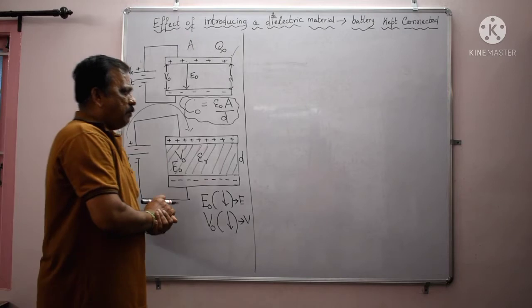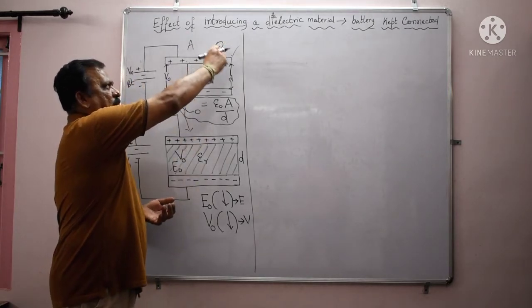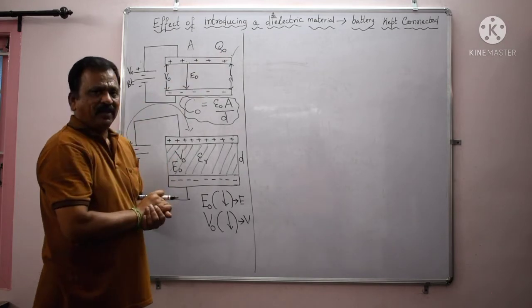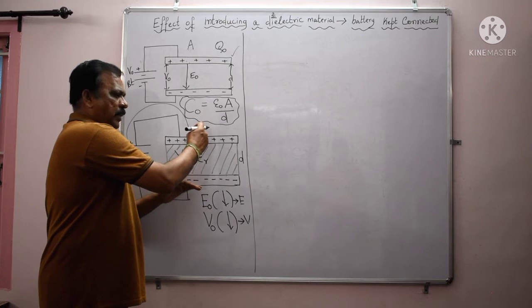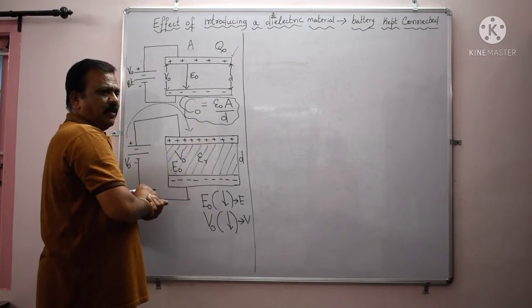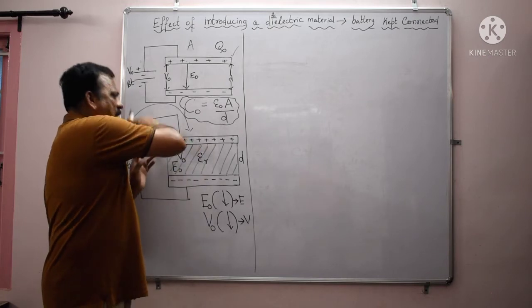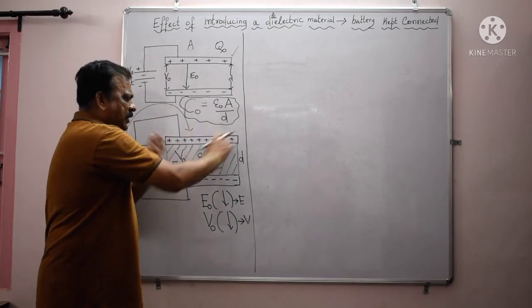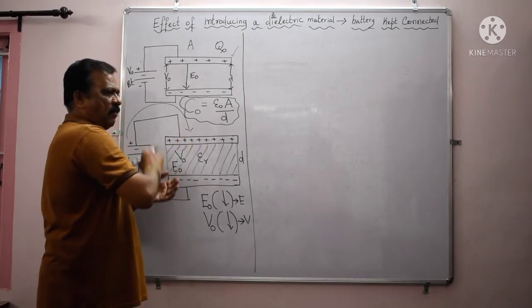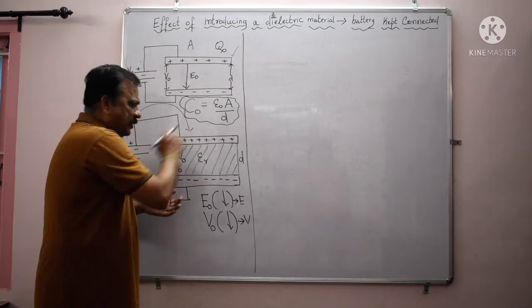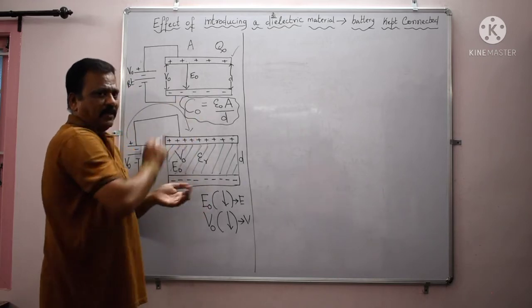But what happens is, before introducing the dielectric, the charge of the capacitor is Q. After introducing the dielectric, the potential difference between the plates tends to decrease, but additionally, charges from the battery get stored on the capacitor plates, so the potential difference is brought back to the original value V0. So additionally, charges get stored on the capacitor plates.